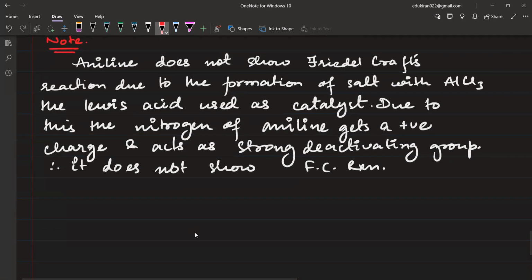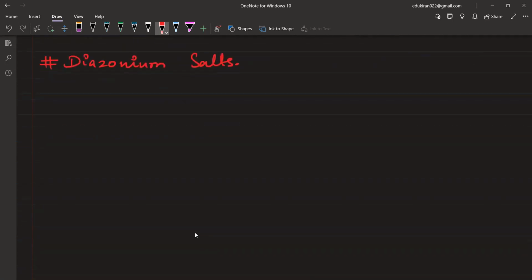After this, we'll write the topic Diazonium salts. First of all, diazonium salts have a general formula.